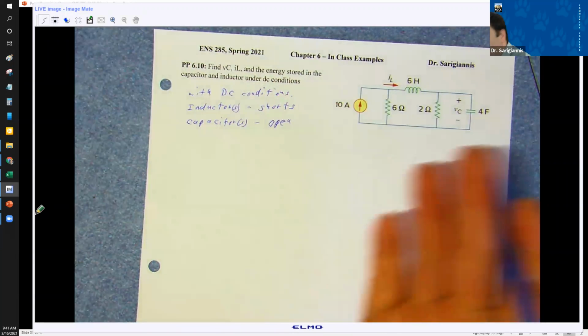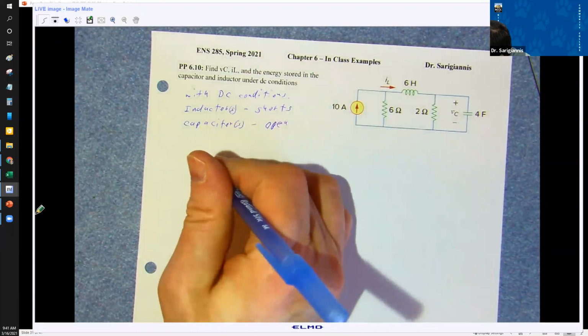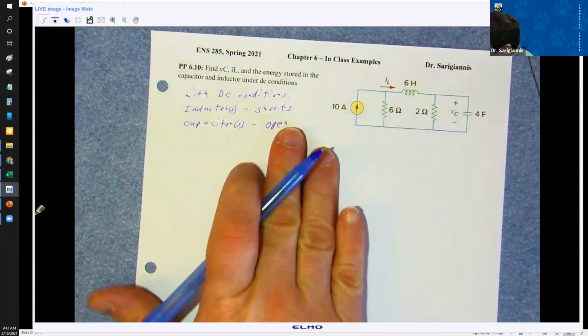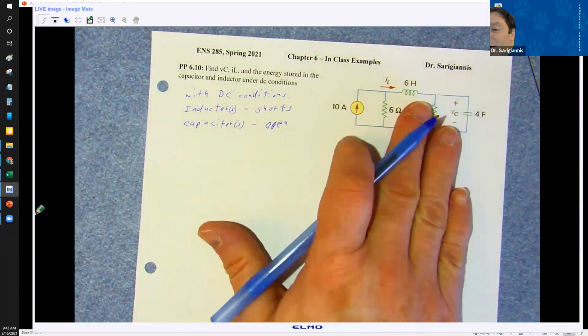Now I've only got one of each here, but I'm going to redraw this circuit so you can see it. And remember, this is because you don't have any information about time here. We don't know what's going on with time.